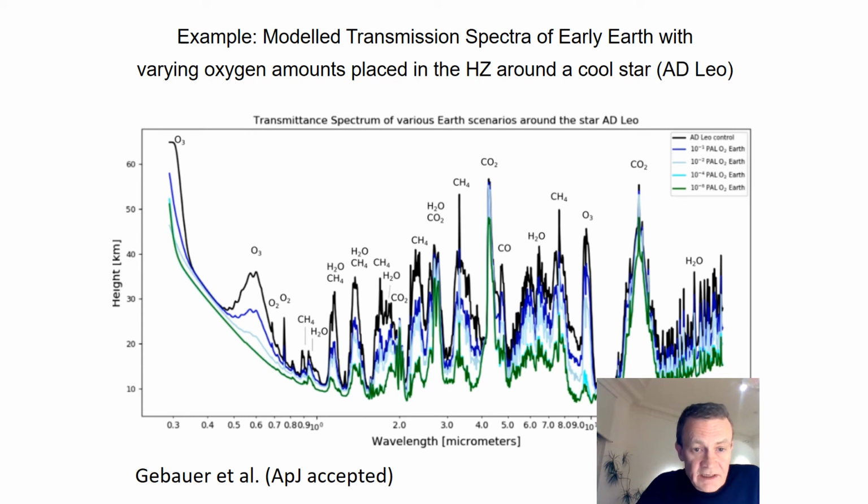If you look at the left-hand side, you see at 0.5, 0.6 microns, ozone and oxygen, the weak signals there virtually disappear for the green case. And you see around 1 to 2 microns, the water and methane bands. You see the CO2 band on the right-hand side, the big thick band, is not affected much by O2. The main message of this paper is that it's very difficult to measure oxygen signals, especially for low oxygen atmospheres, even with next generation telescopes.